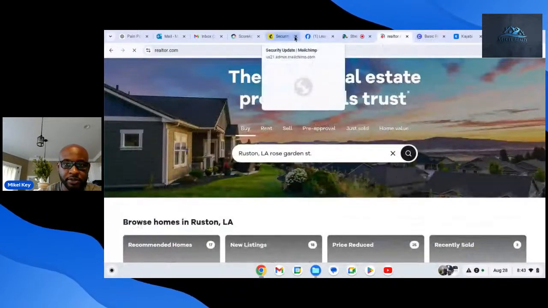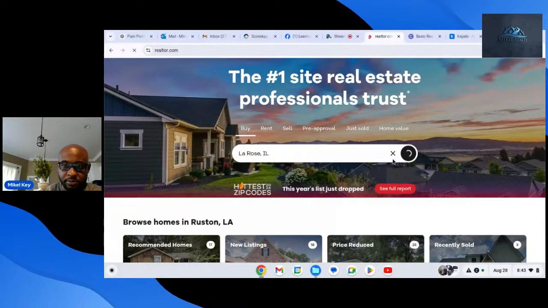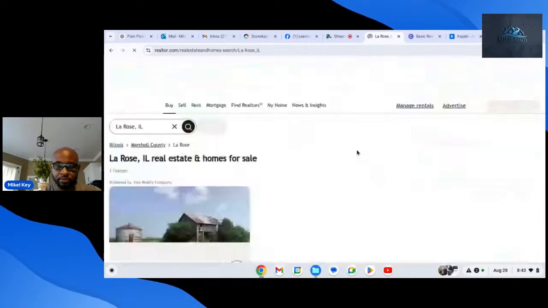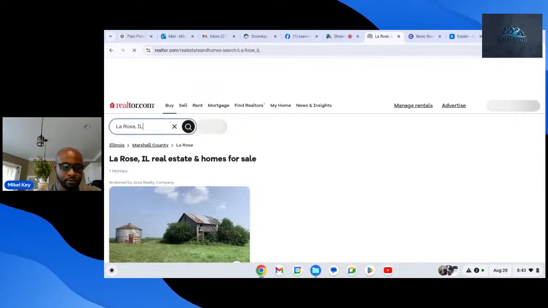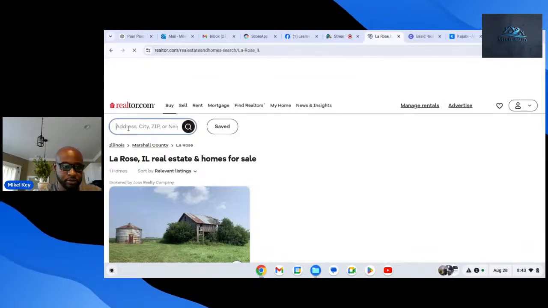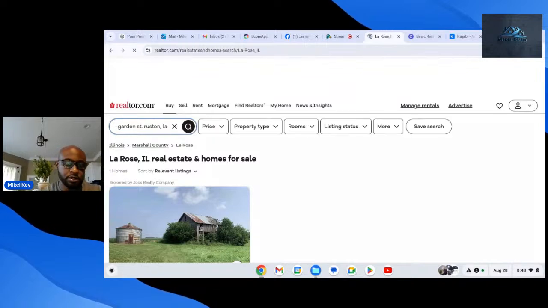Okay, so we're going to make this extremely simple. Okay, that's not what we want. Okay, let's go to, hold up. Okay, let's go to, I'll pick an address, 53 Rose Garden Street, Ruston, Louisiana. Okay.